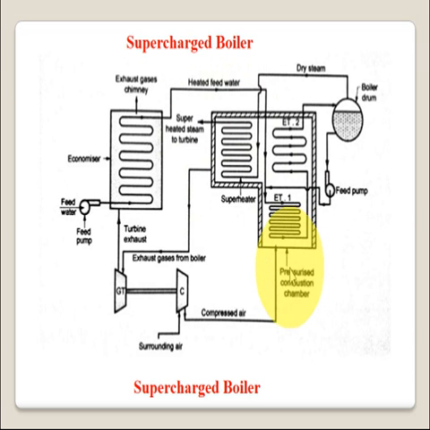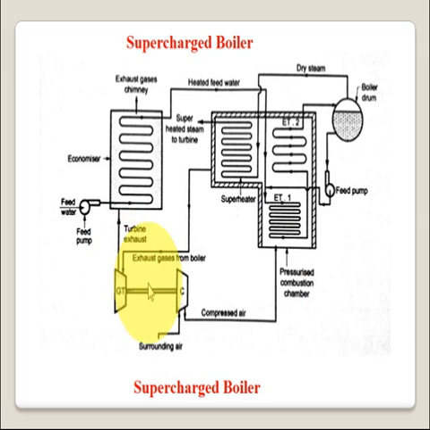The exhaust gases from the superheater are passed to the gas turbine. These exhaust gases at high pressure, typically about 10 bar, expand to low pressure and develop work, and the power developed by the gas turbine is used to operate the axial flow compressor, which compresses the air required for combustion.